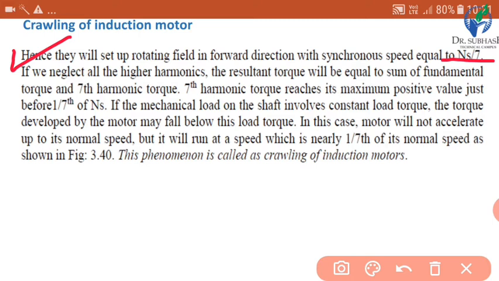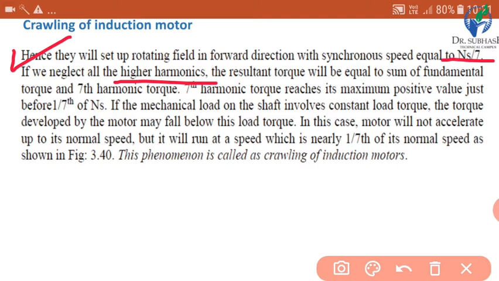If we neglect all the higher harmonics, the resultant torque will be equal to the sum of fundamental torque and seventh harmonic torque. There are a number of harmonics in the system, but we have already seen that higher order harmonic effects are very small, so we can neglect them.